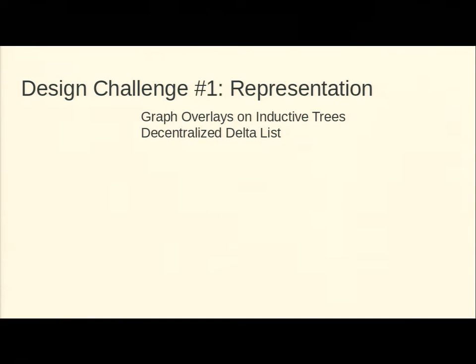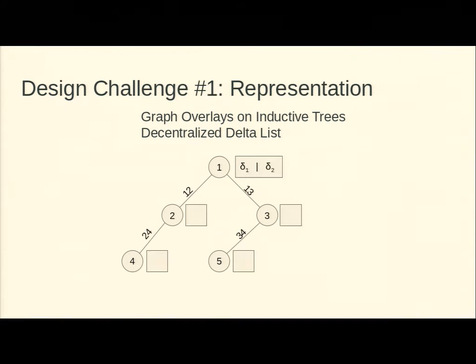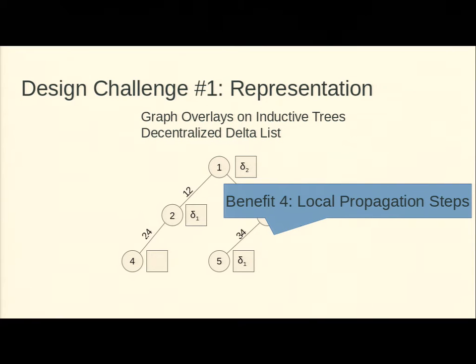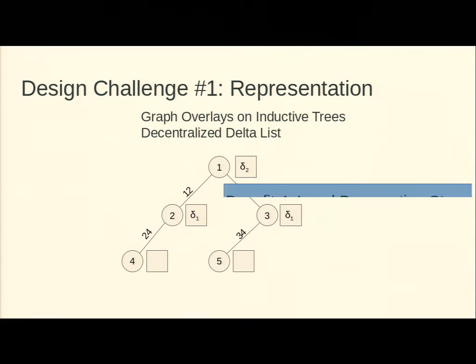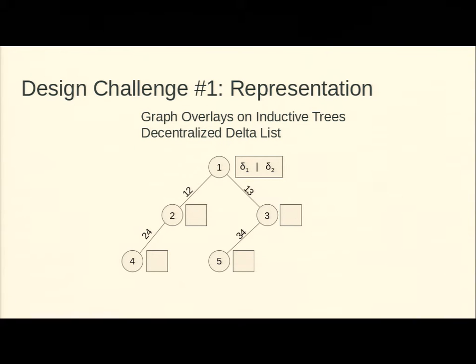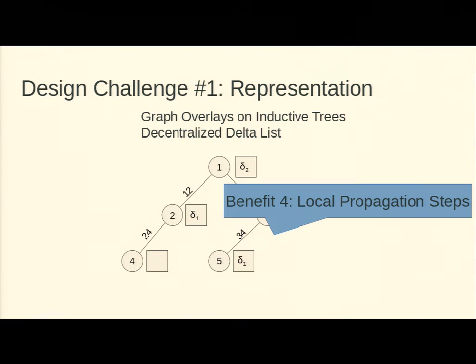So as mentioned, these delta lists are decentralized, right? So each node has its own local list. So local propagation can happen. And propagation only involves the children, right? So when node 1 propagated down, it only involved node 2 and 3. When node 3 propagates, for example, it'll only involve node 5. So that's another benefit there.